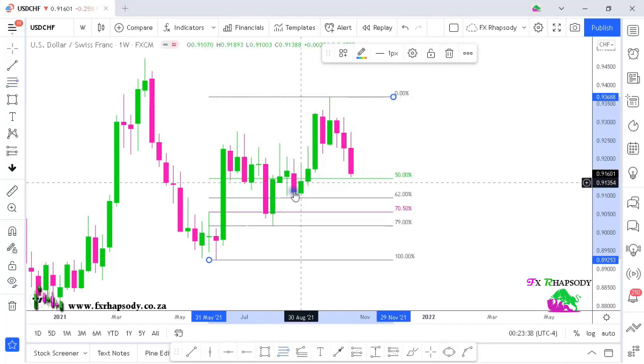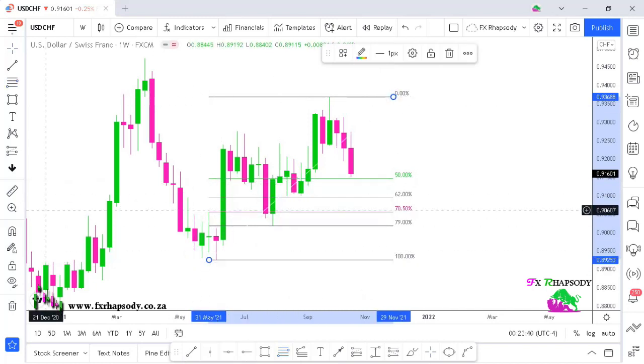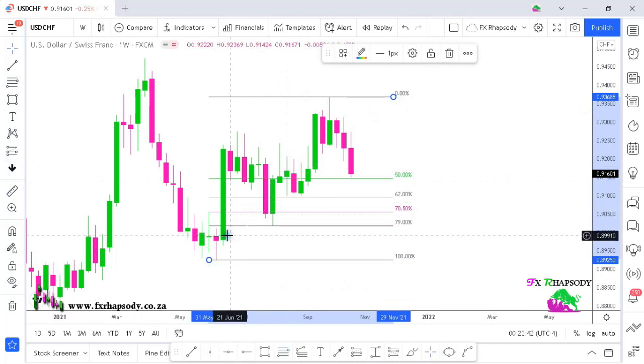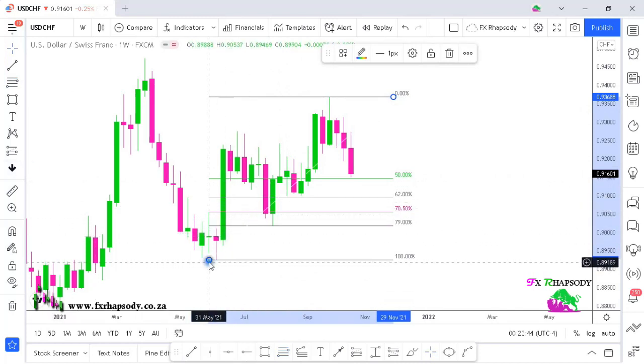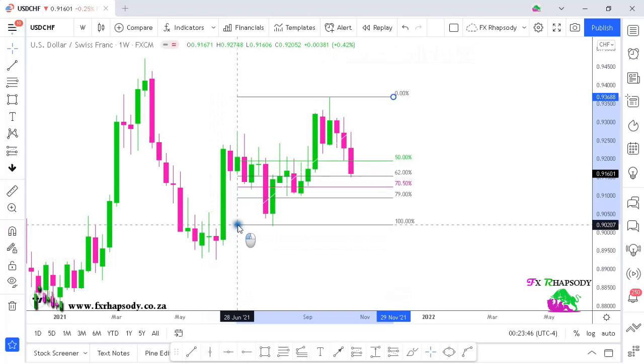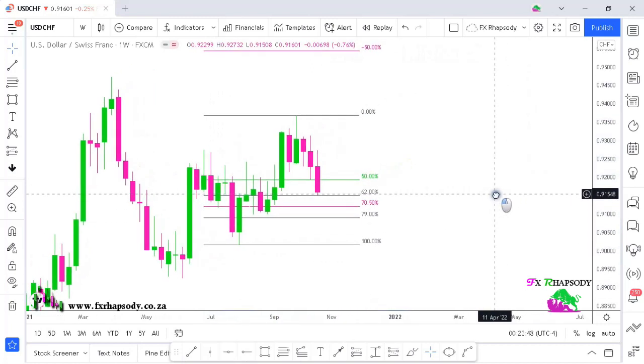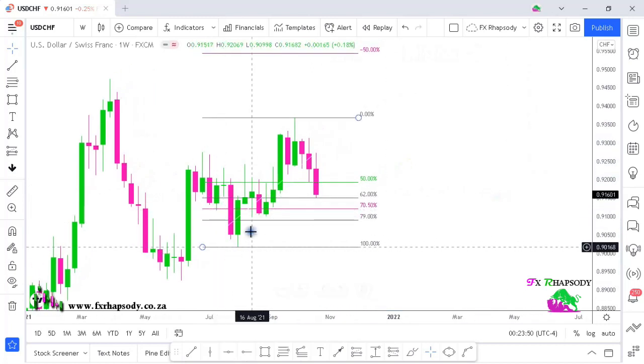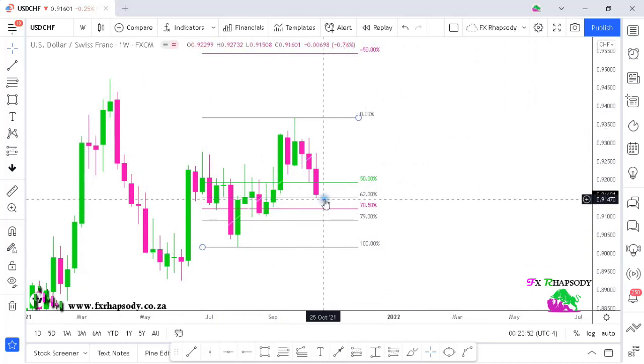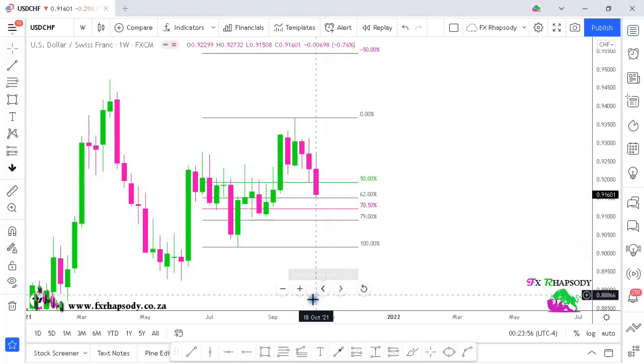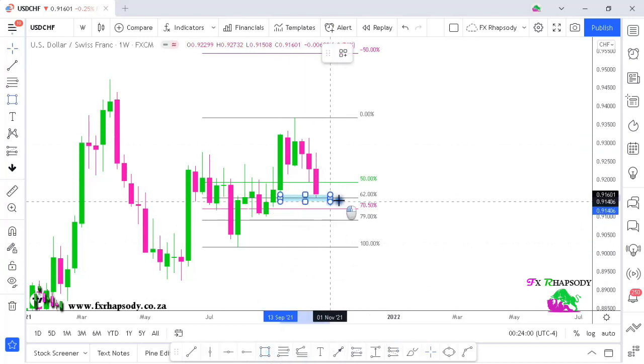Let me just draw it from this one here. There we go, that's the one I was looking at. You see it from the swing low to that swing high, and you can see price retracing nicely to the 62% Fibonacci retracement. So let's highlight that area there. That's a key area.